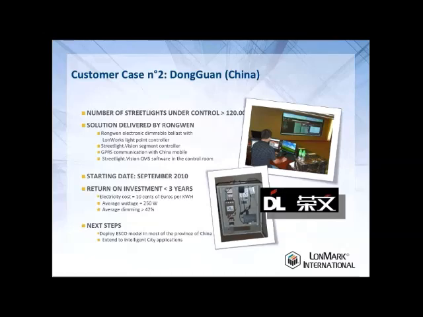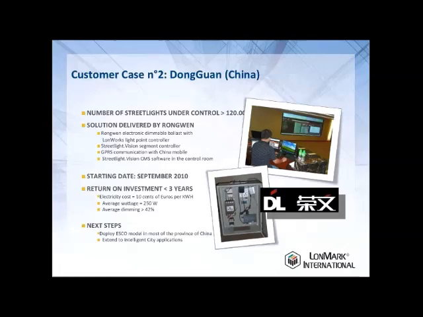The starting date was September 2010, and they are now installing more and more lights every day as a result, again, of the profitability of their project. Rongwen is mostly deploying projects with an ESCO model, a little bit like SPIE before. They invest on behalf of the customer and get paid out of the energy saving.